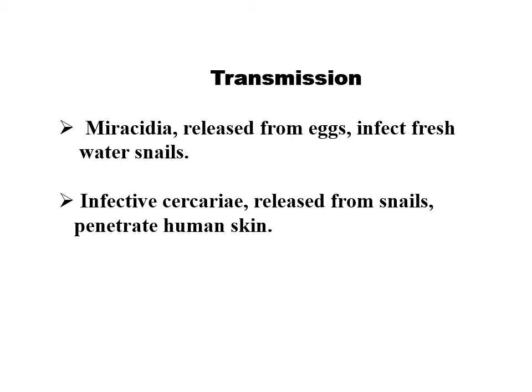So the parasite will multiply in the snails, and they go through different processes of forming mother sporocyst and daughter sporocyst, and then from the daughter sporocyst they release infective stages known as the cercaria. And you have seen the cercaria as having an anterior part and a long tail, and the tail is divided, which is known as a forked tail.